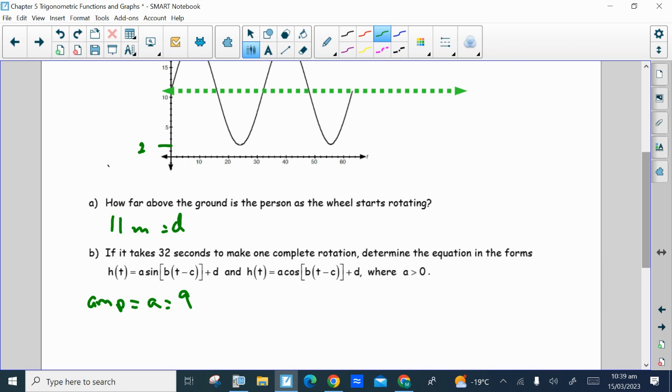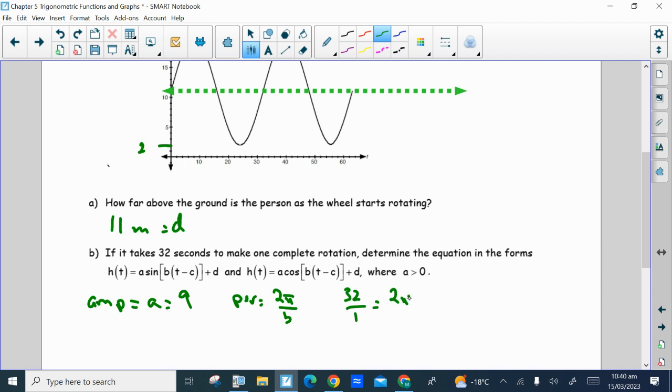So that means the period is 32 seconds. And remember that the period is 2 pi over b. Our period here is 32, or 32 over 1.